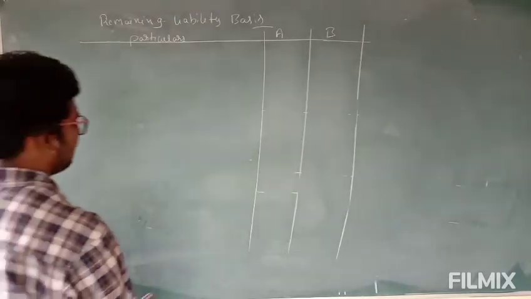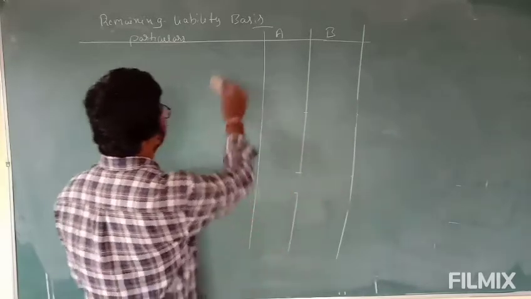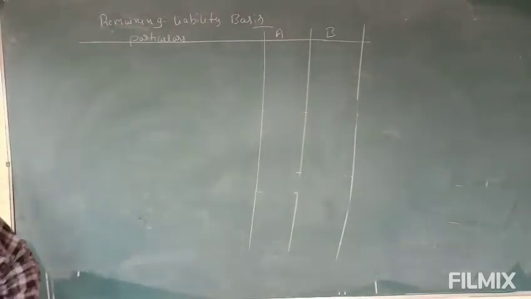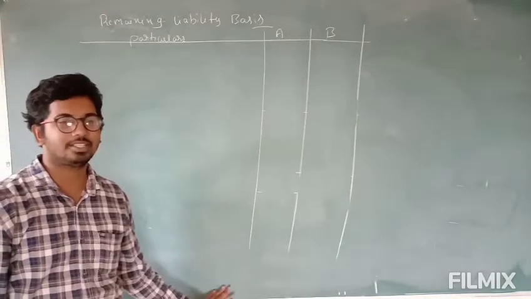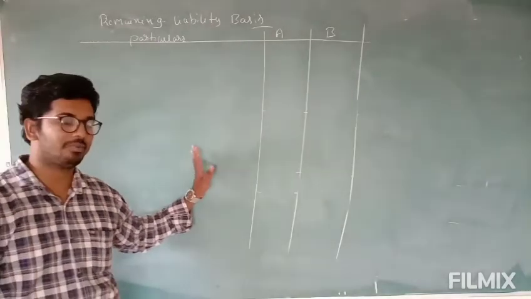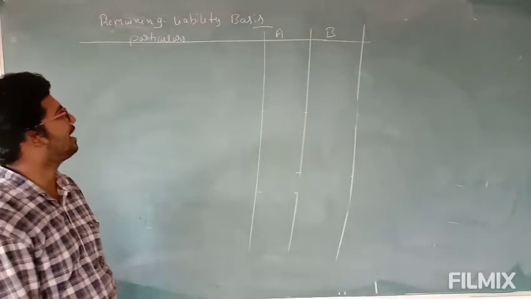Take the same problem that we have done on gross liability basis, and now do it on remaining liability basis. You don't have many questions on remaining liability basis. 90 to 95% of the questions that you are going to solve are on gross liability basis. Let us have a look at remaining liability basis.